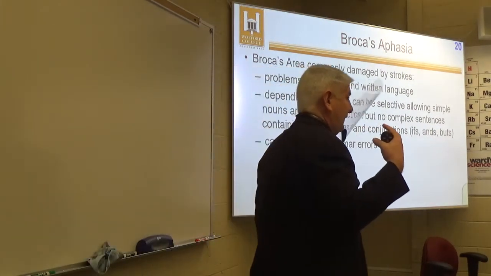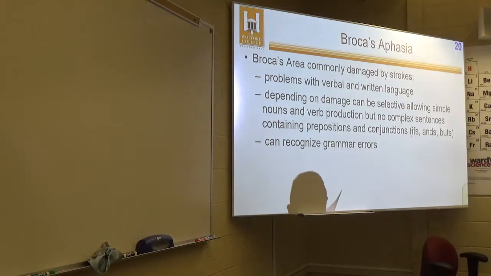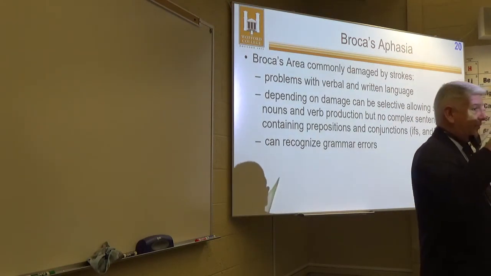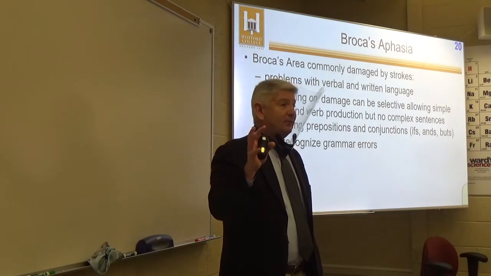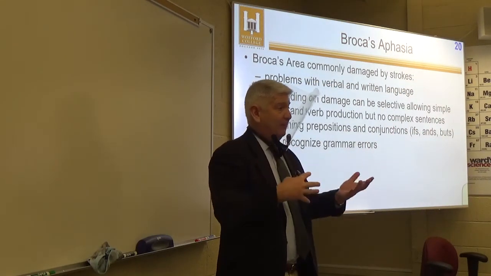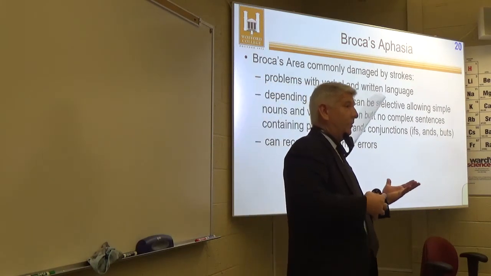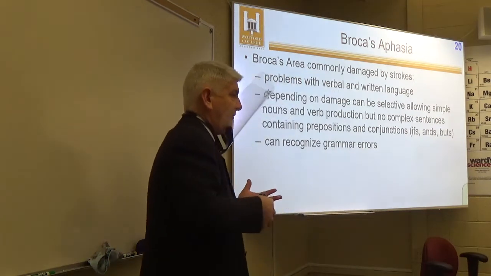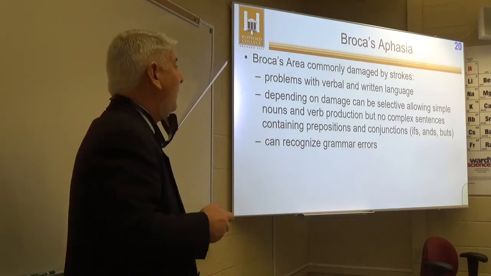And after he passed away, they did an autopsy and found that this area of the premotor cortex was severely damaged by a stroke. And that's how it became Broca's area, because Paul Broca was the French neuroscientist that did the autopsy and discovered that area. Right?